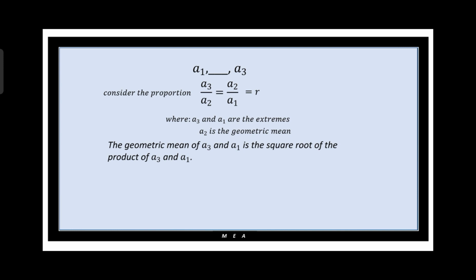Mathematically, let me show to you. So, kung apply nga natin yung theorem in proportion, it will become a sub 2 squared equals the product of the extremes, a sub 3 times a sub 1.